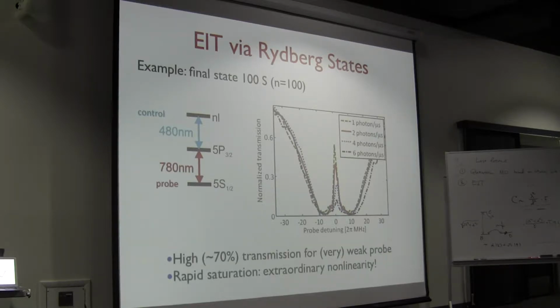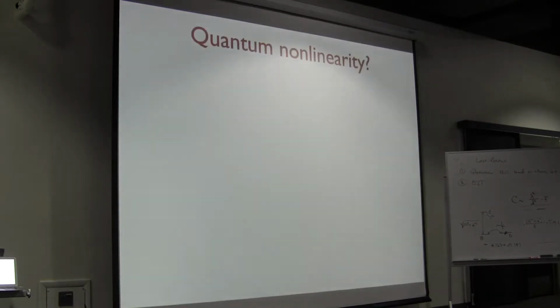But the question that we would like to ask now is whether there are any quantum signatures in this EIT process. In particular, can we see the signatures of single photons interacting with each other? In other words, is it a quantum nonlinearity, or just a classical average nonlinear effect?